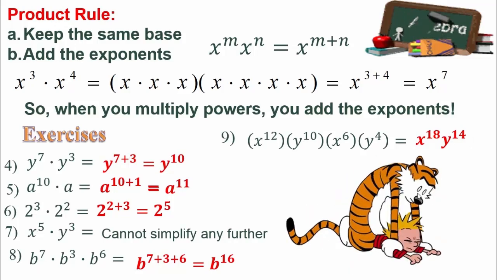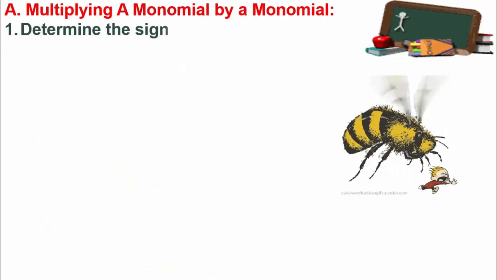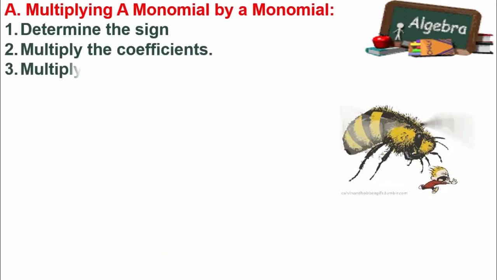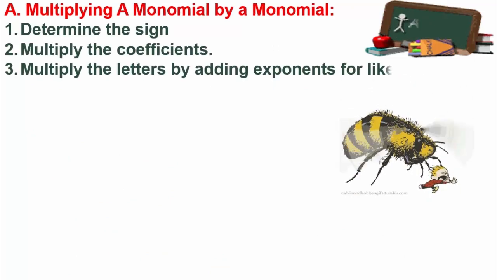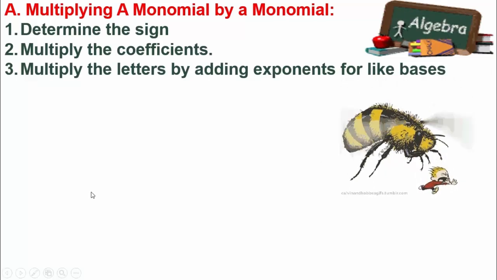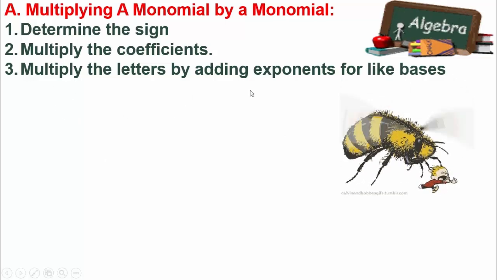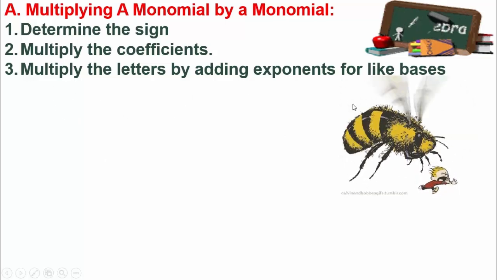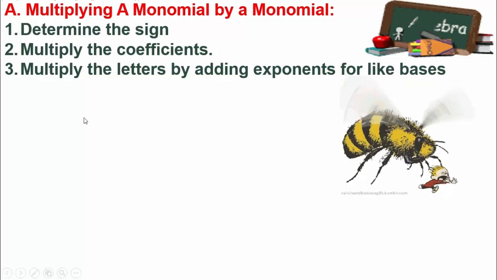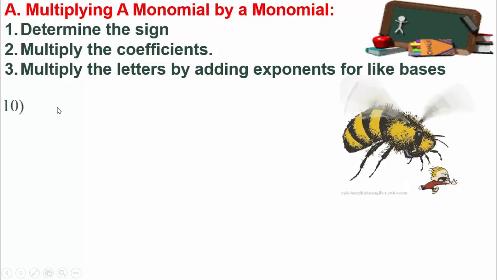So when we're multiplying a monomial by a monomial, we want to determine the sign, and then we want to multiply the coefficients, and then we want to multiply the letters by adding the exponents for like bases. So let's look at some examples to understand what these instructions mean.